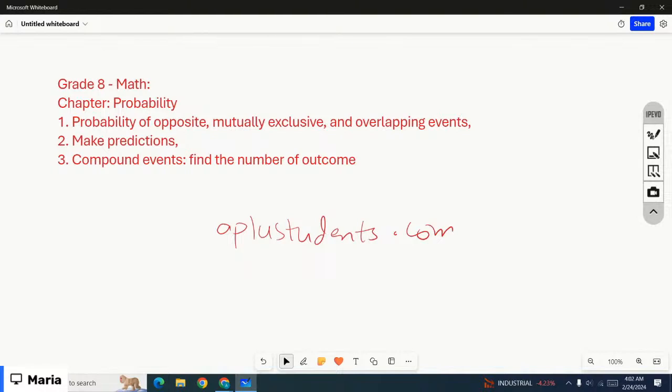You have to log in there using your email address and password as provided by the administrator. Then you have to select math. From the subject tab, scroll down to grade 8 and then click on view all lessons. There you can find a list of the chapters. We're going to start with the chapter probability.